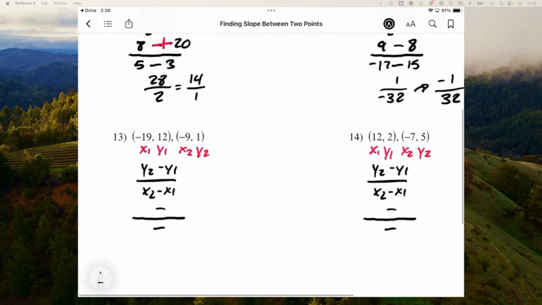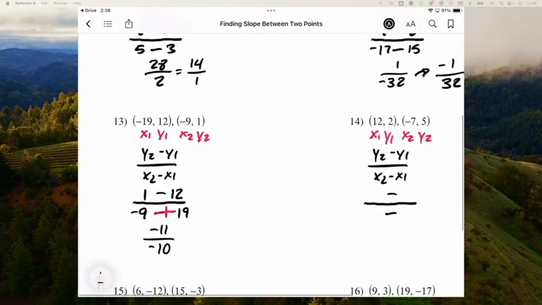Number 13, 1 minus 12, and negative 9 minus negative 19. Correct our signs. 1 minus 12 is negative 11. Negative 9 plus 19 is negative 10. Again, we have a negative and a negative.